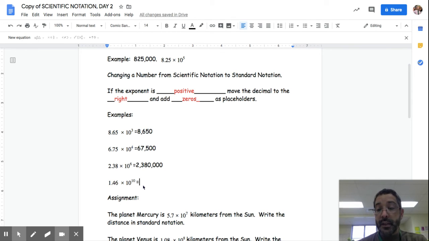And then if I do the last one, I have 1.46 times 10 to the 10th power. So same thing. Here's where my decimal is, and my exponent is 10, so I'm going to move it 10 places to the right. So 1, 2, then I'm going to put zeros in as placeholders.